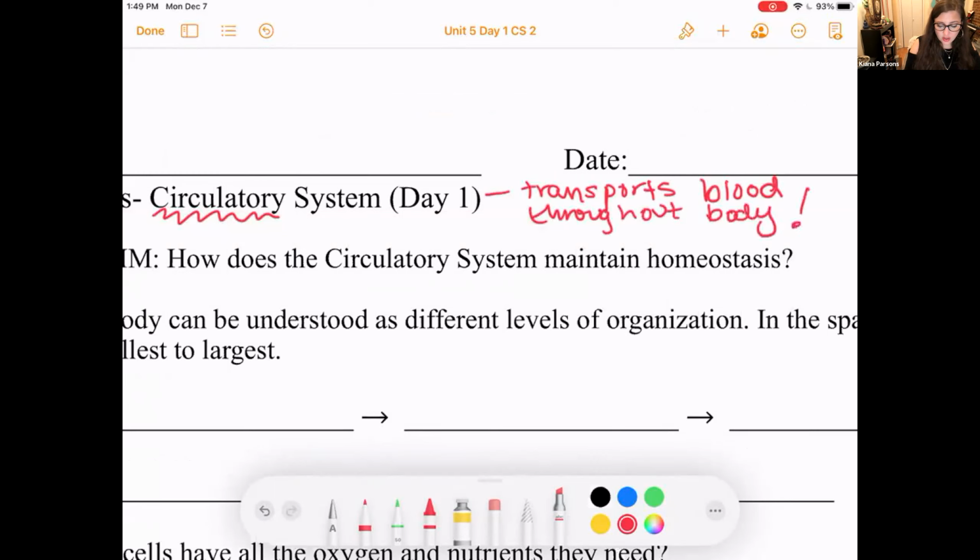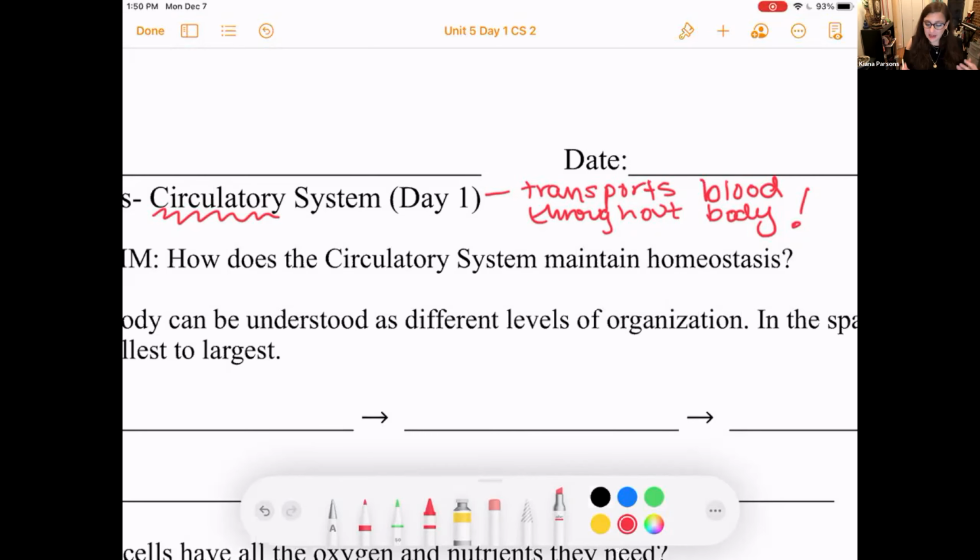Right, so we've already talked a lot about this during Unit 4 when we were talking about transport and how starch needs to be broken down before it can be diffused throughout the body, before it can cross the cell membrane. Once we observe, or in our bodies actually have molecules pass through the cell membrane, it's then when they can be included in our blood and be passed all throughout the circulatory system.